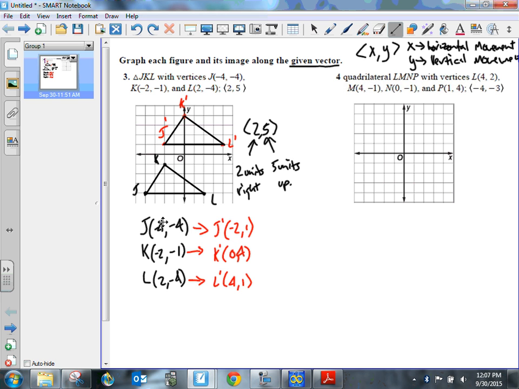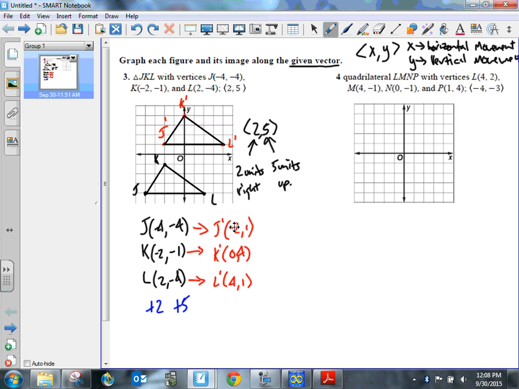We added 2 to our x values. Notice that 2 is the x value of our vector. Then from -4 to 1, from -1 to 4, and from -4 to 1, we added 5 to these and got these new y values.